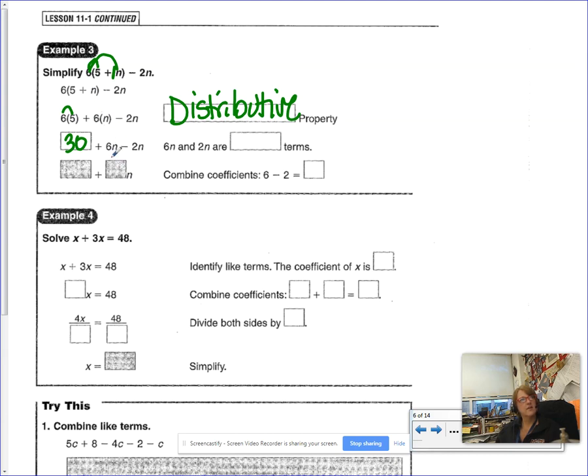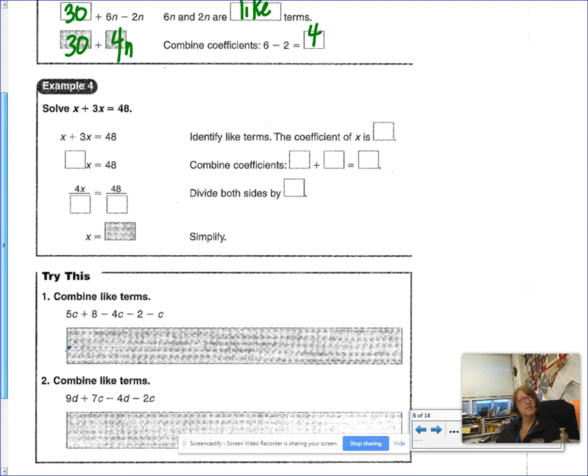And then we still have this subtracting the 2n. Because 6n and 2n are like terms, I can take 6 minus 2 to get 4. So I'm going to have 4 n's. See that n there? The 30 is a constant. It has no variable. That's as much as you can do.